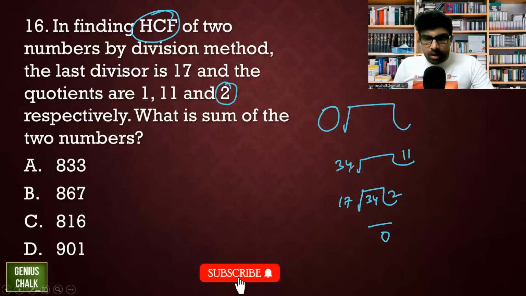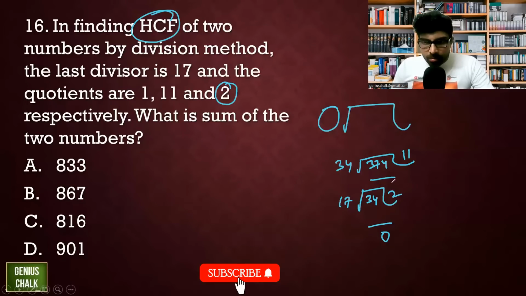So 34 into 11 is 374, right? And there is something left, and this left part has to be 17 only.